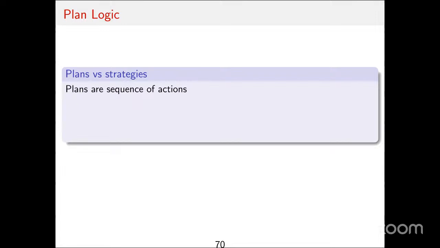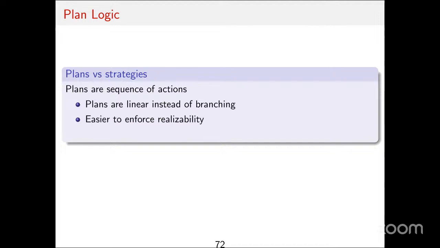And plans are just sequences of actions. Why do we use sequences of actions? It's because a plan is a linear object instead of being a tree. And then it's easier to enforce realizability because we just have to look at one point instead of looking at one branch in some tree.